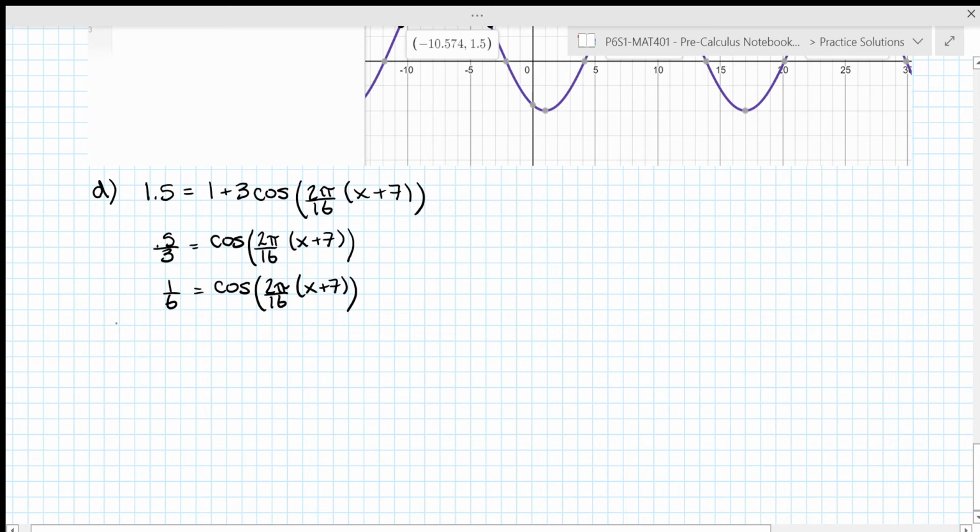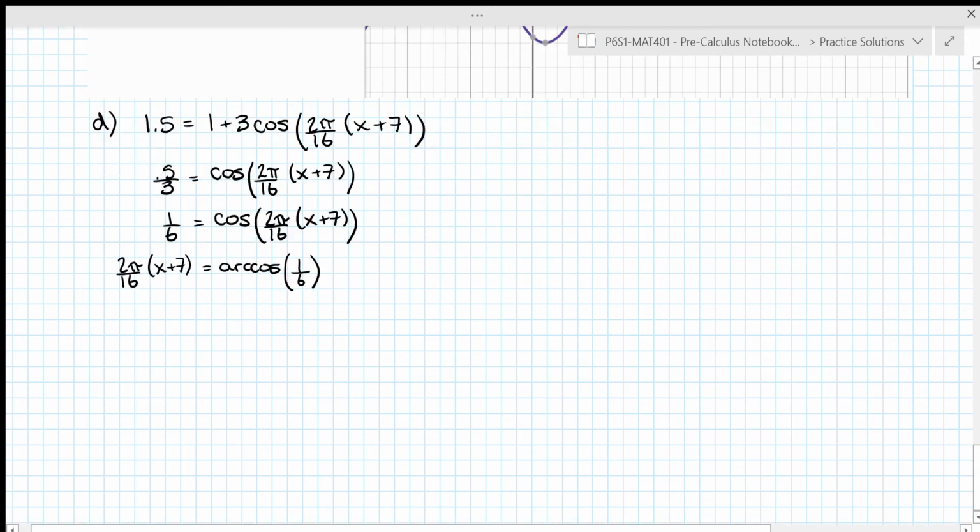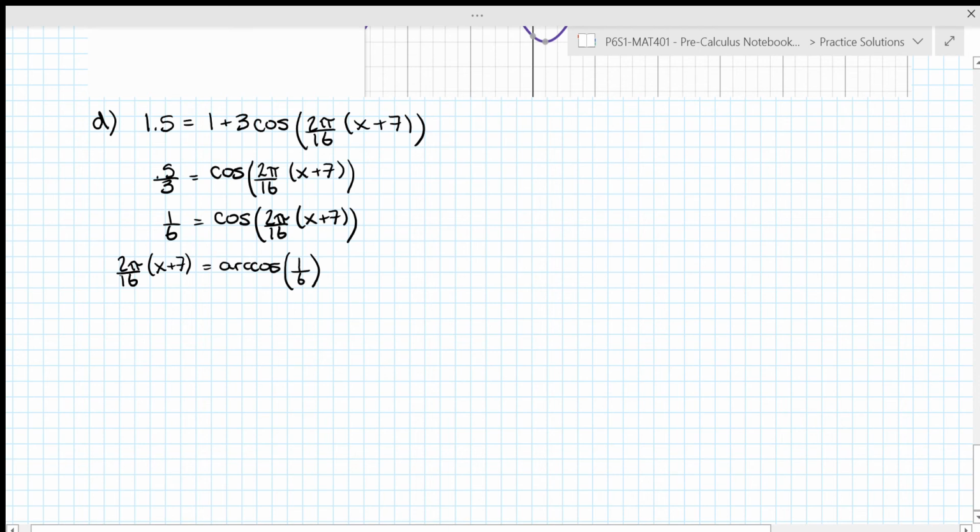So the argument has to equal the arccosine, all of the sets of angles that have a cosine ratio of 1/6, the arccosine of 1/6. Undo over here, I'd multiply by 16 over 2 pi and subtract 7, so x equals -7 plus 16 over 2 pi times the arccosine of 1/6.